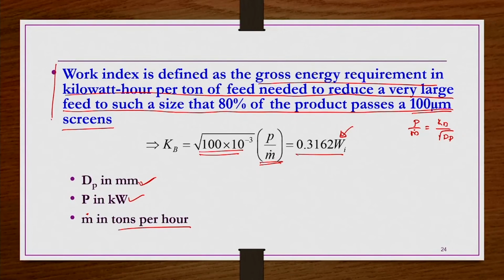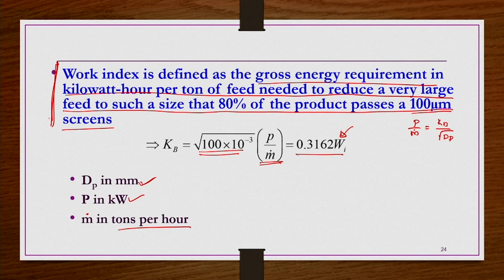You have to select the size through which 80% is passing as the required size if it is a feed. If it is a product, similarly, the size through which 80% of the product is passing should be taken as the average size of the product. We are going to see the problem anyway. So, that is the reason the definition of this work index is very important in understanding and solving the problems.